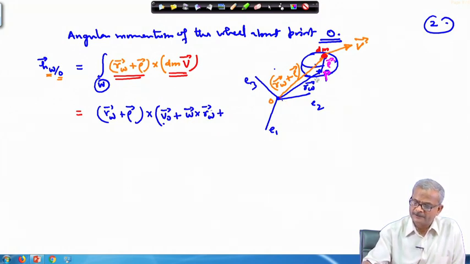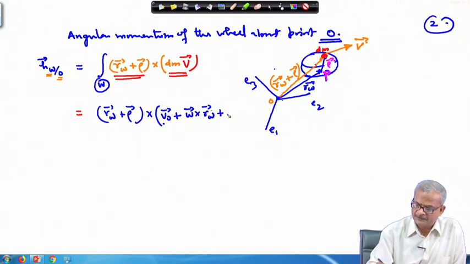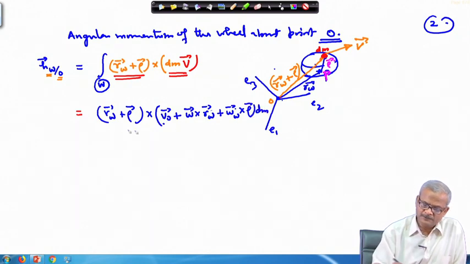At what angular speed is this body rotating? So, add to that, and then at what rate this wheel is spinning. So, wheel angular speed is w, we are writing here, times rho d m.